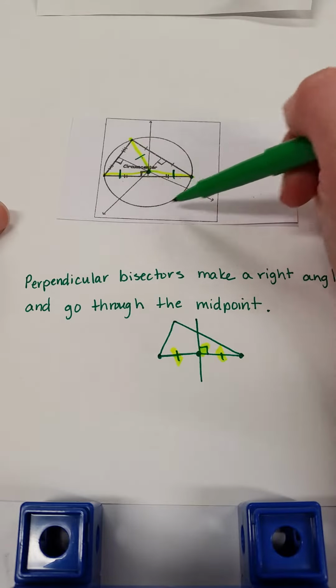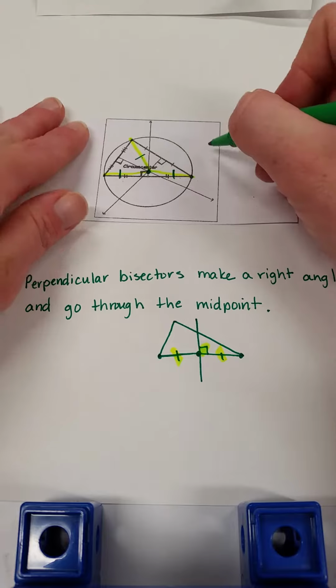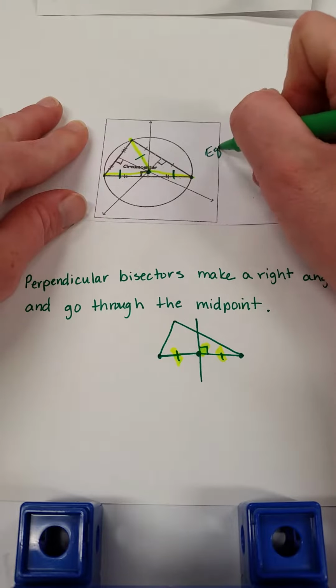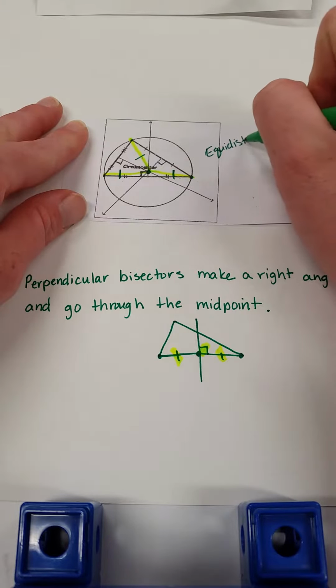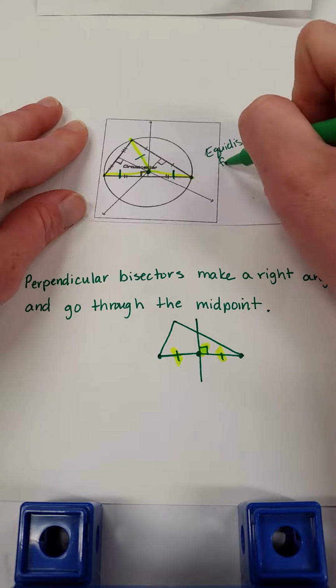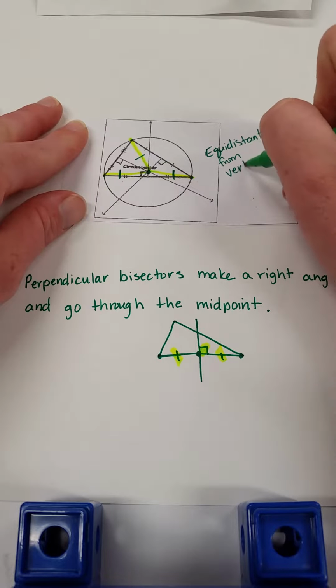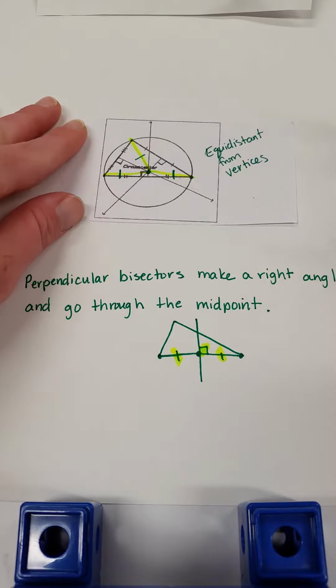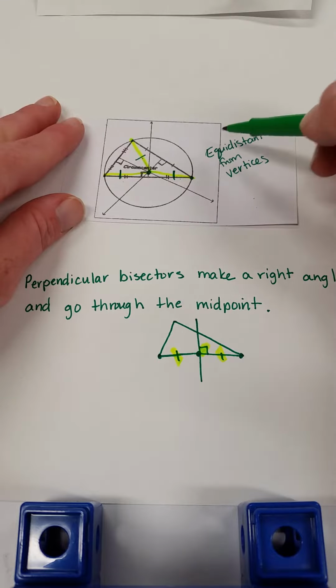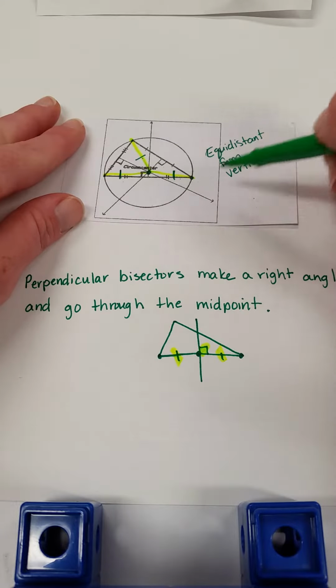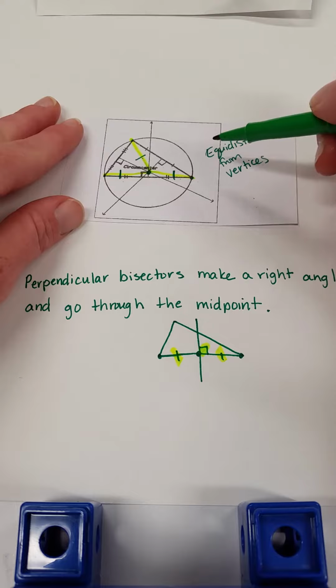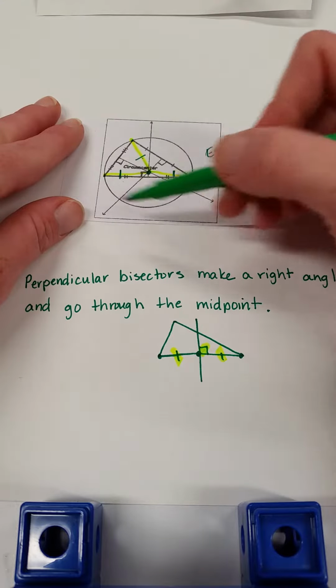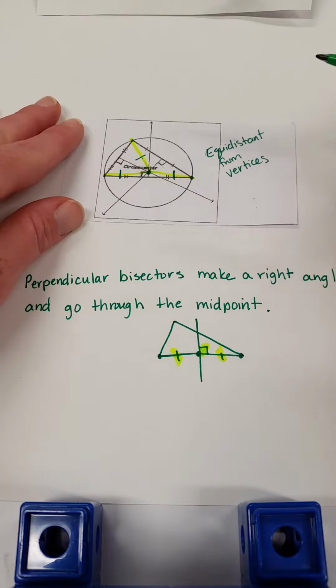So the point of the circle is to show you that the circumcenter is equidistant from vertices. So if you see a triangle with a circle on the outside, that is showing you the circumcenter, because the circle is showing it's equidistant from the vertices.